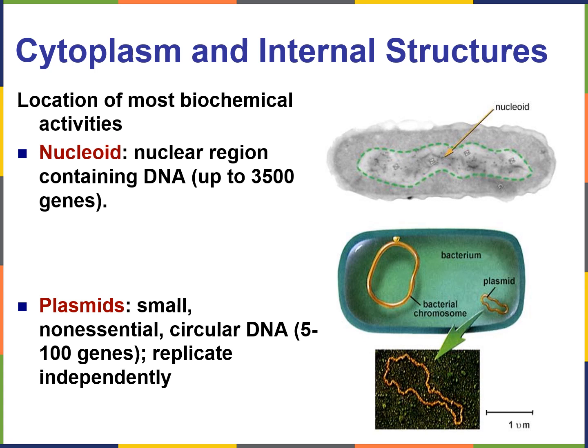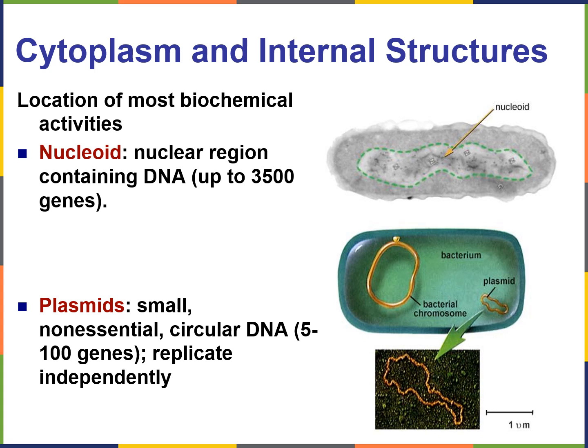On the inside of bacteria cells, remember they don't have a nucleus, but you do find what's known as a nucleoid region. This is the area where you can typically find that one chromosome. It is not membrane bound, which is what separates a nucleus from a nucleoid.